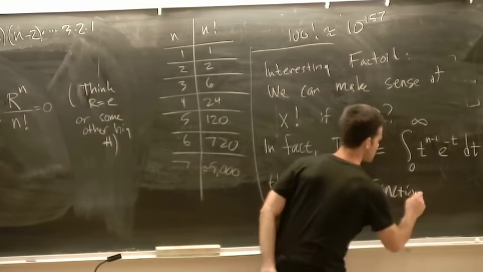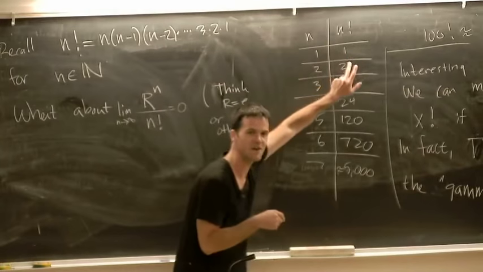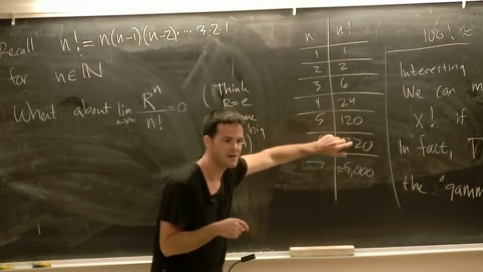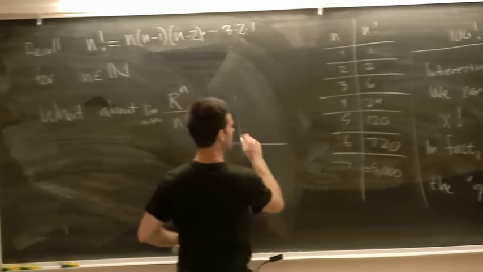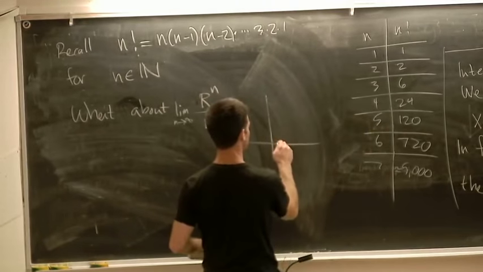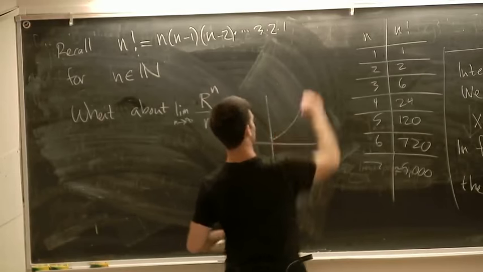So this is actually a continuous function that agrees with n factorial at every integer value. If you plotted the gamma function, it would go through all these points, 1, 1, 2, 2, 2, and then blow up.